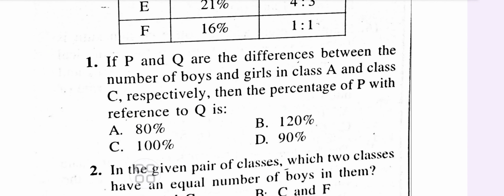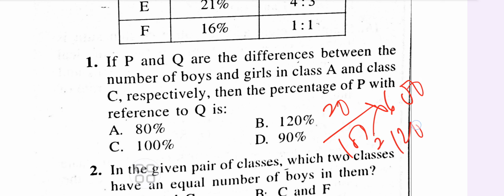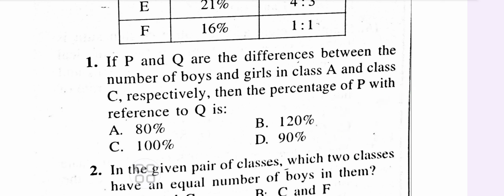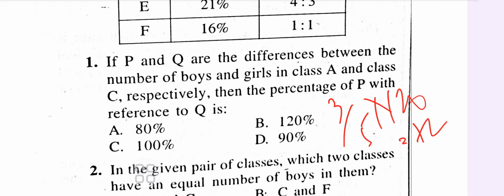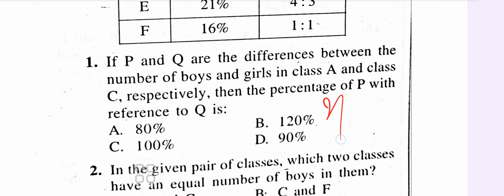If P and Q are the difference between the number of boys and girls in class A and class C respectively, then what will be the percentage? Obviously we know number of students in class A is 20 by 100 into 600, that counts to 120. Now number of boys is 3 by 5 of 120, that counts to 72, and number of girls is 2 by 5 of 120, that is 48, right?